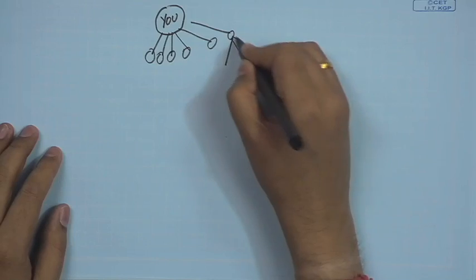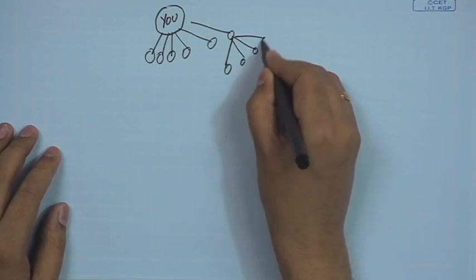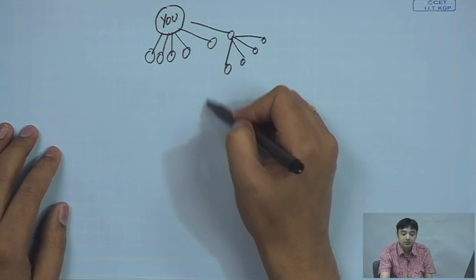Now, these 100 friends by the same hypothesis will again have another 100 friends like this, and this will continue.